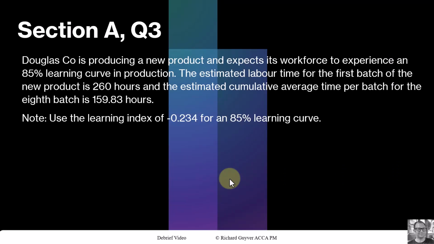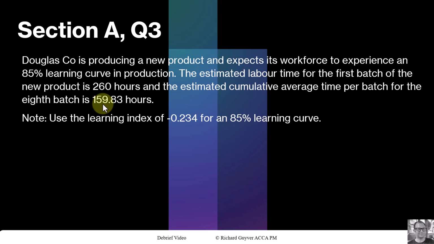I think some students struggle with some of the wording around this. It tells us here the estimated cumulative average time per batch for the 8th batch is 159.83. What that means is this organisation will make 8 batches. It will add together the total time for those 8 batches and divide by 8, and that time will be 159.83.